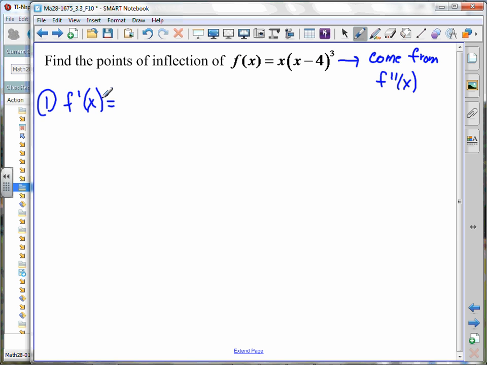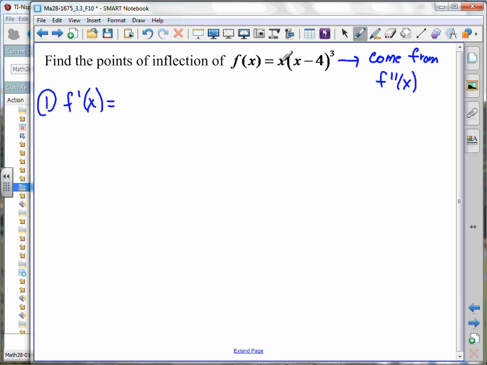One might be to expand the cube of that binomial, multiply this out, and then multiply through by x, giving myself just a degree 4 polynomial function. If you like to cube a binomial, you have that choice.